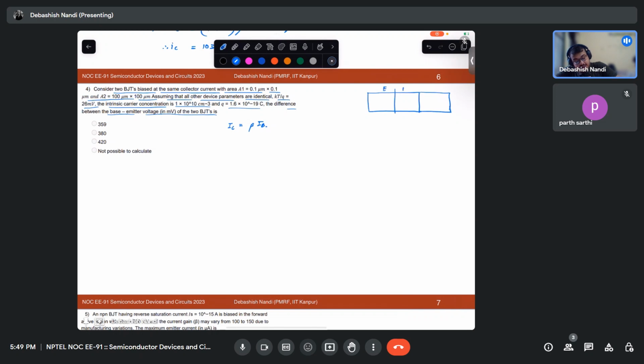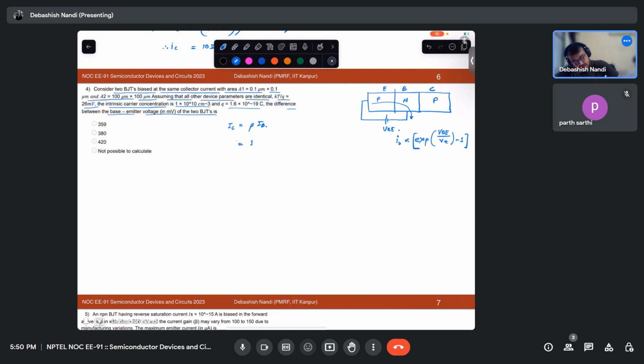This is your emitter, this is your base, this is your collector. So this is nothing but a PN junction. So the current through the PN junction, if I just ignore the IC for the time being, will be of what form? Proportional to exponential VBE over VT minus 1.